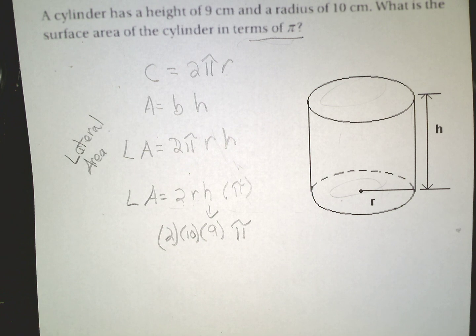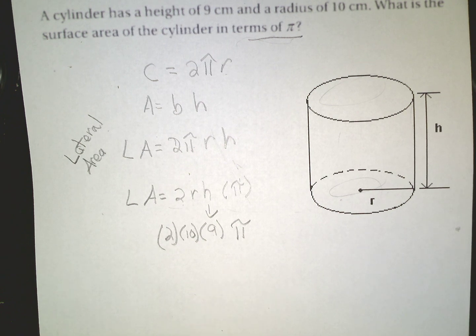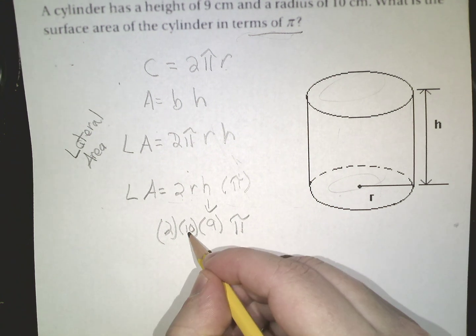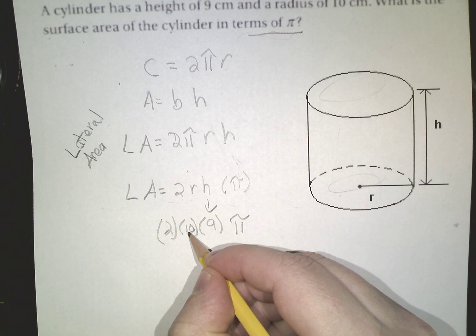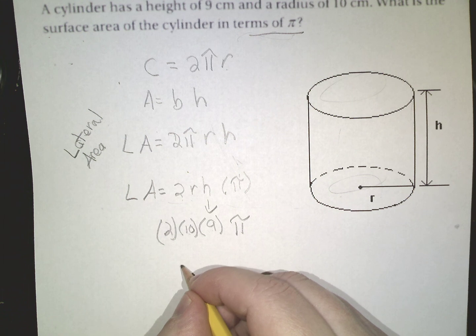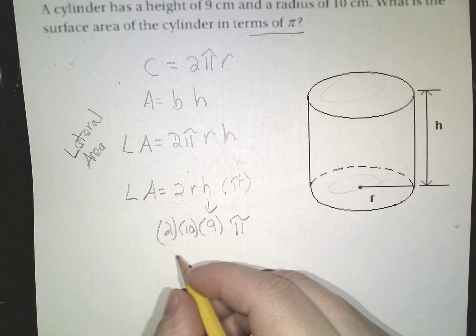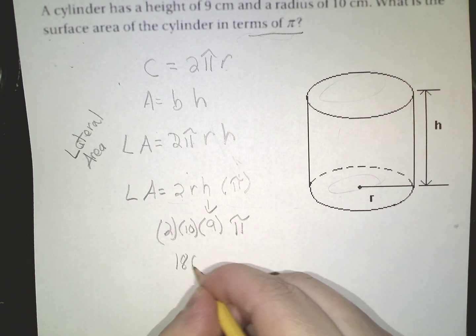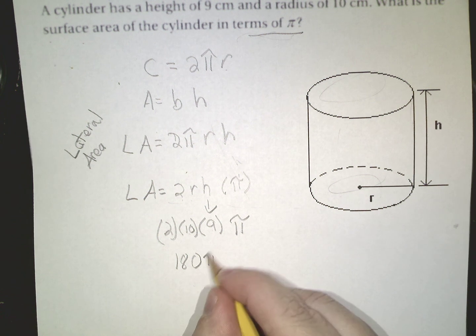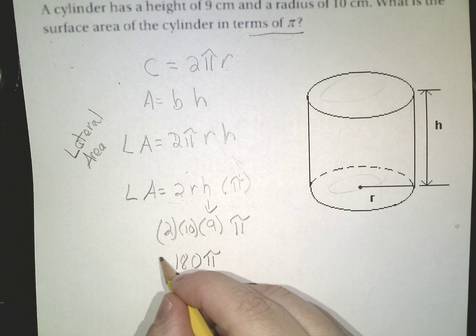Okay, so what is 2 times 10 times 9? Well, in effort to save a little time and not use the calculator, 2 times 10 is 20. 20 times 9 is 180. 180 pi, because we're leaving it in terms of pi.